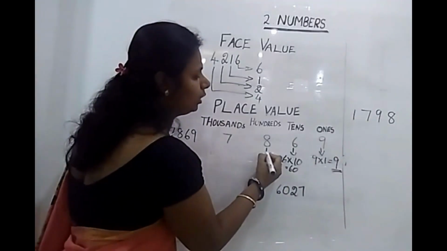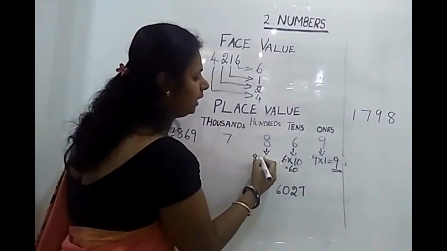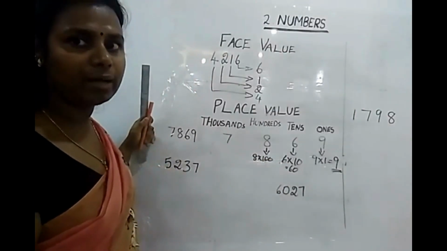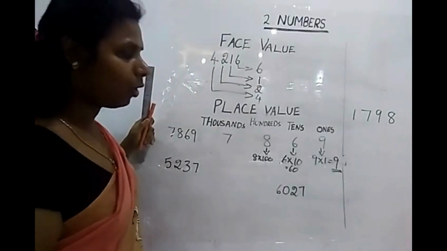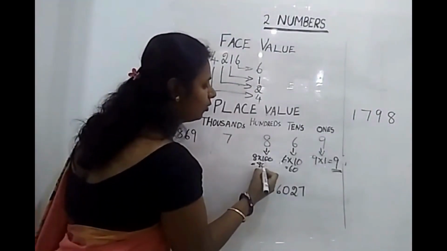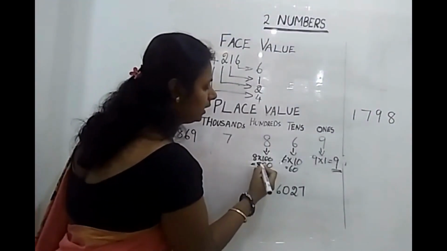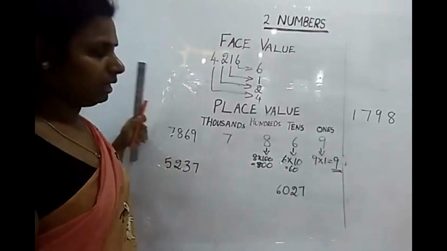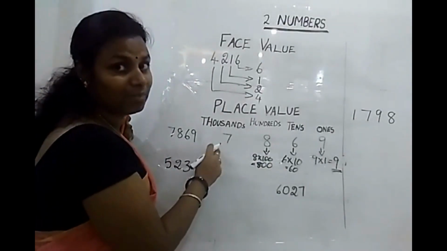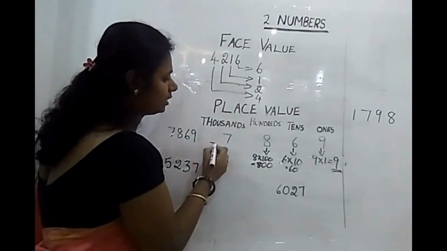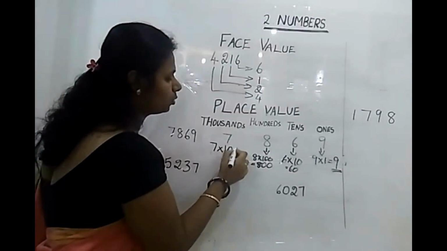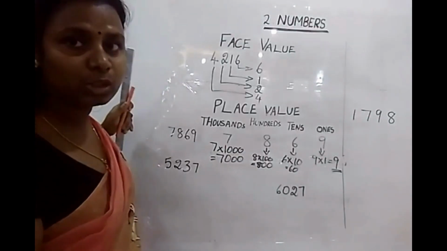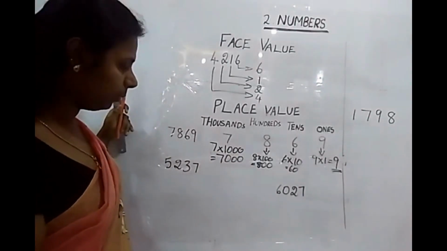Now, the place value of 8. 8 multiplied by 100, that is 800. So, the place value of 8 is 800. Now, the place value of 7. 7 is in thousands place. So, 7 multiplied by 1000 is equal to 7,000. Have you understood now? Shall we take one more number?